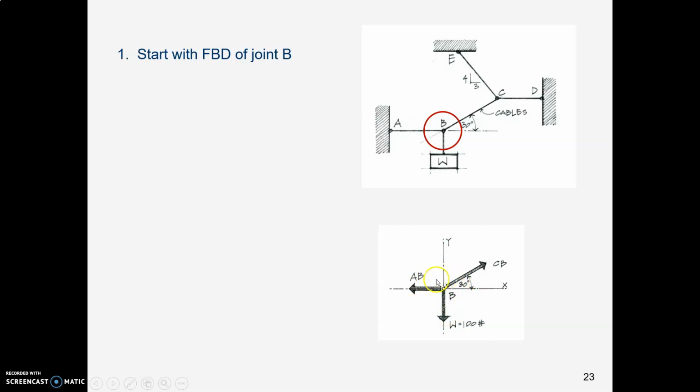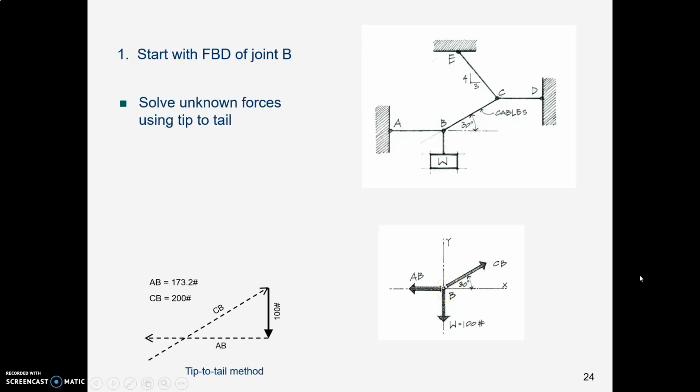So here is his free body diagram of the joint at B. You know the magnitude of the 100-pound force. You do not know the magnitude of the others, but you do know their angles. And so you could make a tip to tail by drawing the one you do know, and then in any order you want, remembering to keep tip and tail, tip and tail.